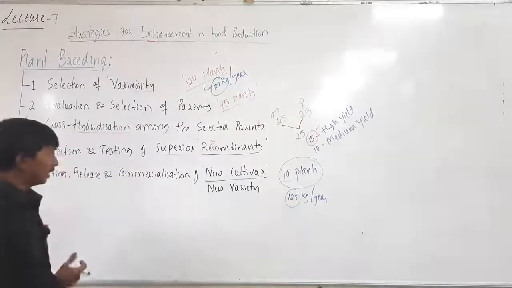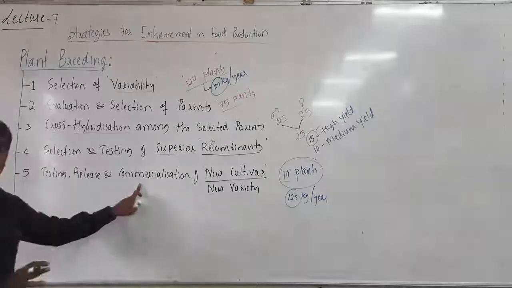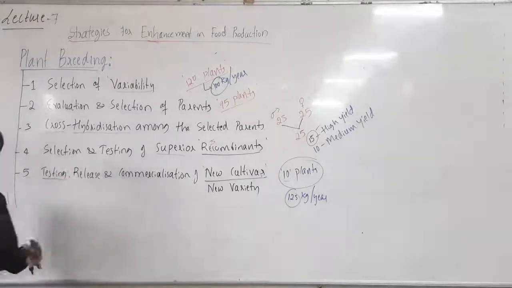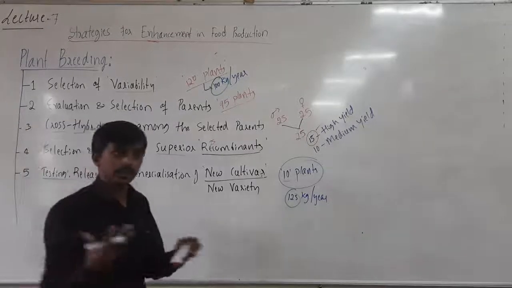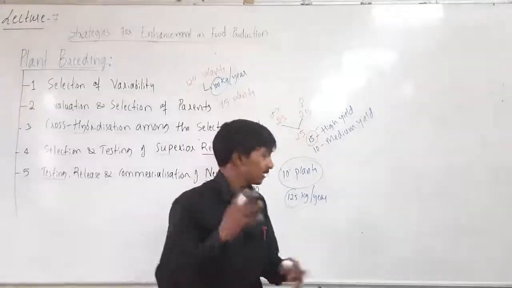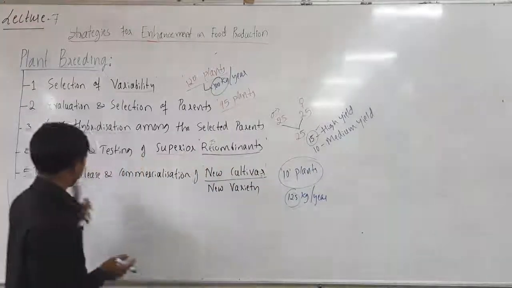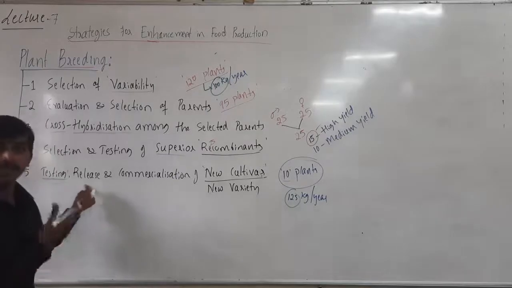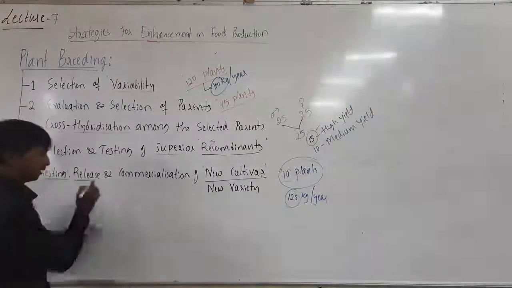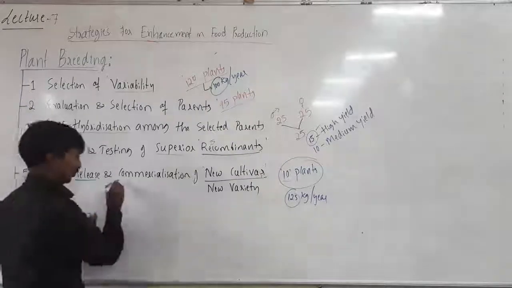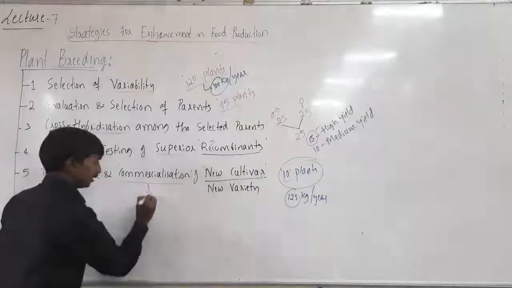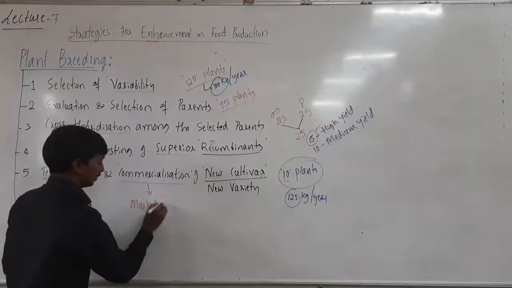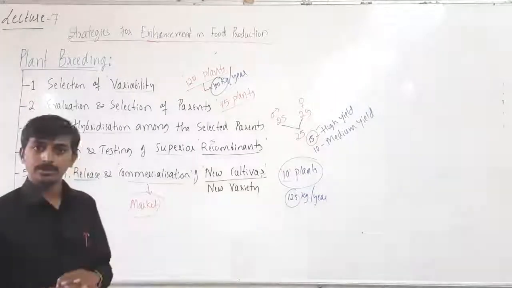So now they will commercialize that variety. Okay, so for that, firstly they have to test. For 1 year they will grow those seeds in the field. Yes, if they are giving the same amount of yield, testing is done. Now they will release, means they will popularize that to the farmers by the process of commercialization, means they bring those varieties into the market.